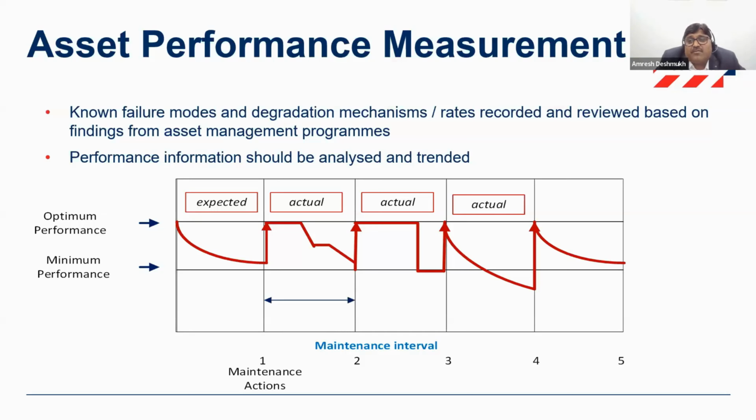And the most dangerous of it is, if you really look at this one, the fourth cycle, where the performance has gone down below the minimum performance level, and you are actually in a state where this equipment should not be in operation. So for all your critical assets, wherever you come across this situation where you're operating at a suboptimal level, where you're not even meeting the minimum expectations that are meant for the equipment to perform, you are actually in the red zone.